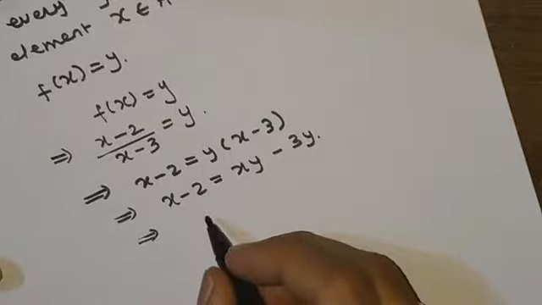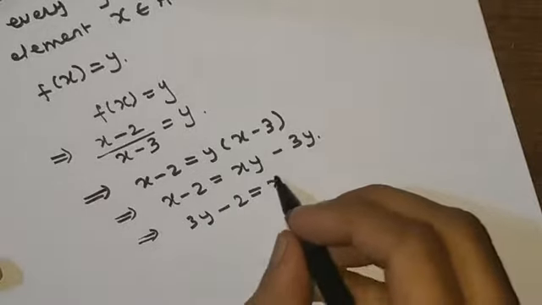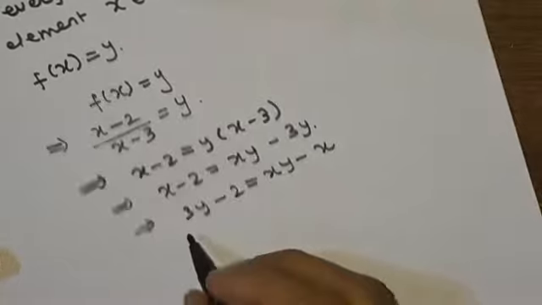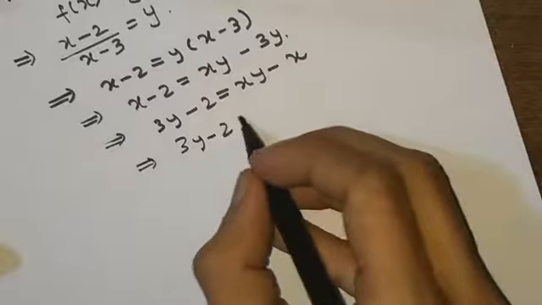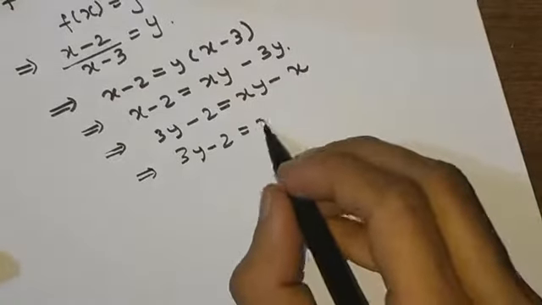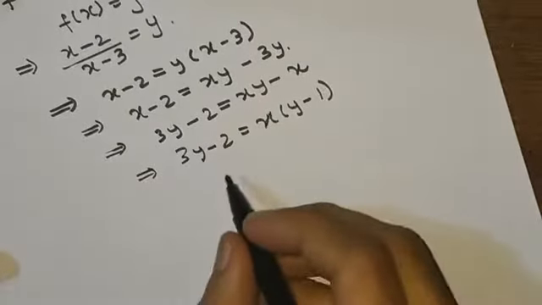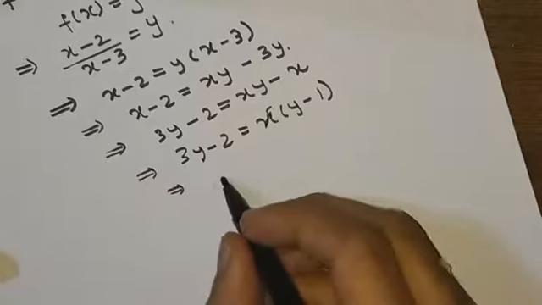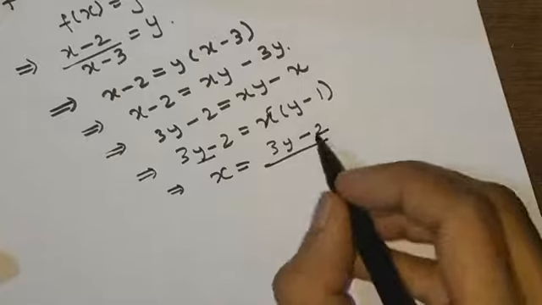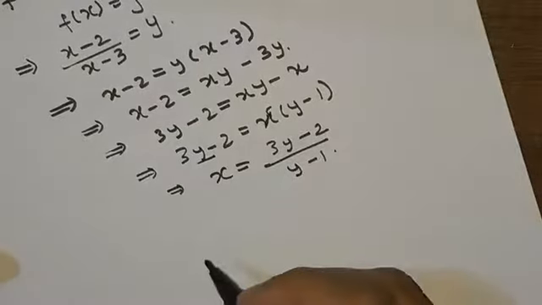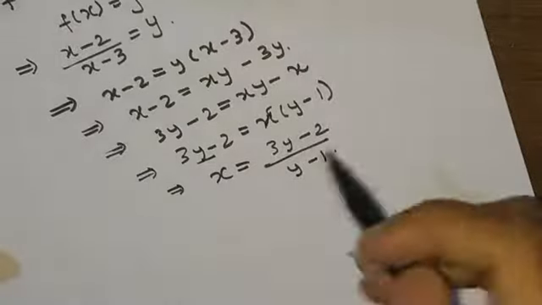So that means 3y minus 2 is equal to xy minus x. So you will get 3y minus 2 equal to, if you take x common here, x multiplied by (y minus 1). So x will be equal to (3y minus 2) divided by (y minus 1). So you have got x in terms of y.